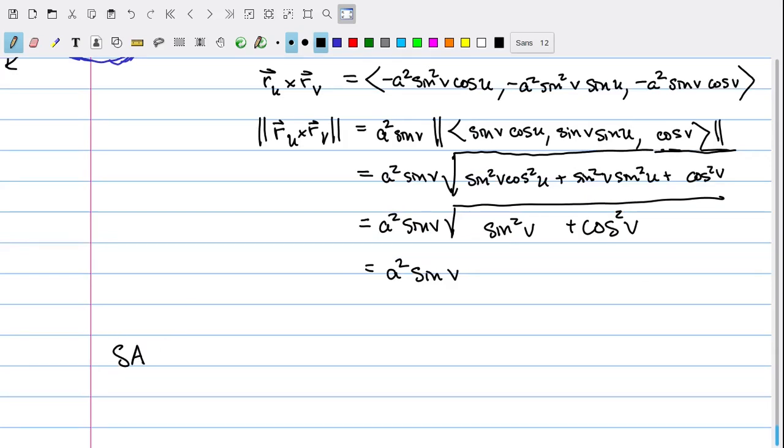So the surface area is the integral from 0 to pi, integral from 0 to 2 pi of a squared sine v du dv. When I do that integral, when I integrate sine, I'm going to have minus cosine, which I'm going to evaluate from 0 to pi, which is just going to give me 2.